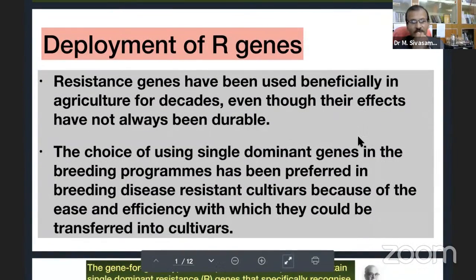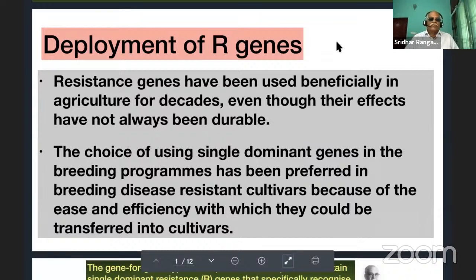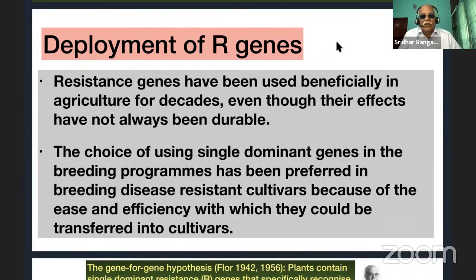Okay. As far as the deployment of resistant genes, for beneficial in agriculture, it has been in use for decades, even though their effects have not always been durable. The deployed resistance genes used to break down because of the problem by the strain variations and the mutations in the pathogens.